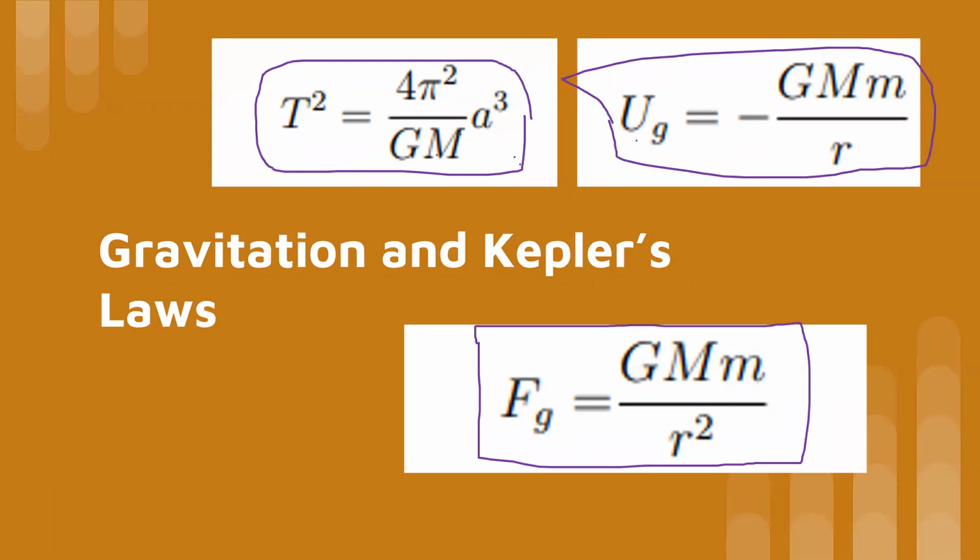But if you are going to use Kepler's third law, keep in mind that this a is not the acceleration, it is the semi-major axis of orbit, not the aphelion, the perihelion. Which, if it's near circular, you can always just make that the radius of orbit. Just keep that in mind.